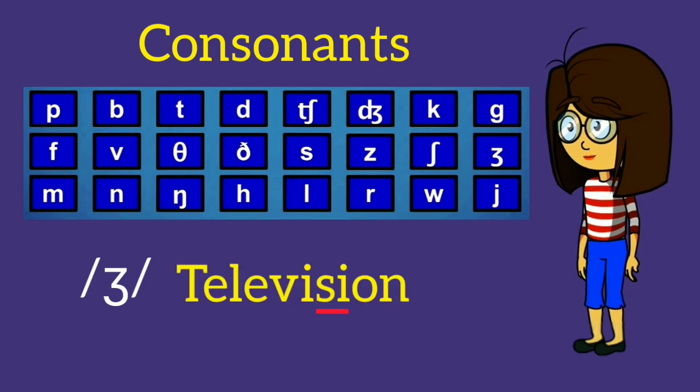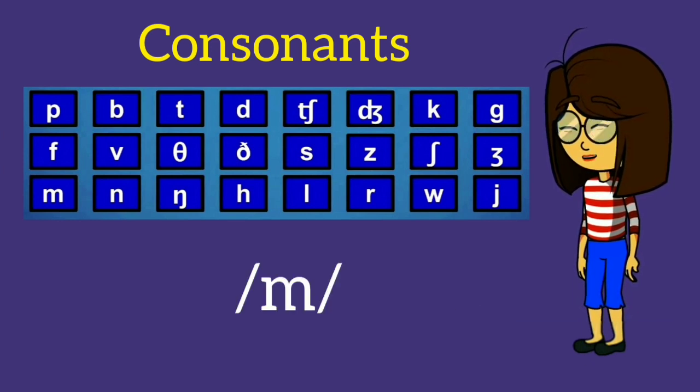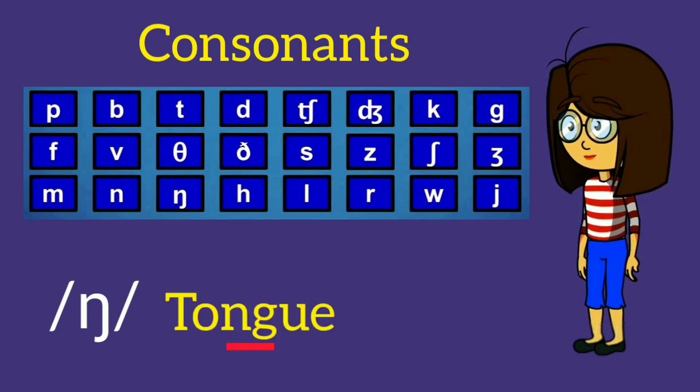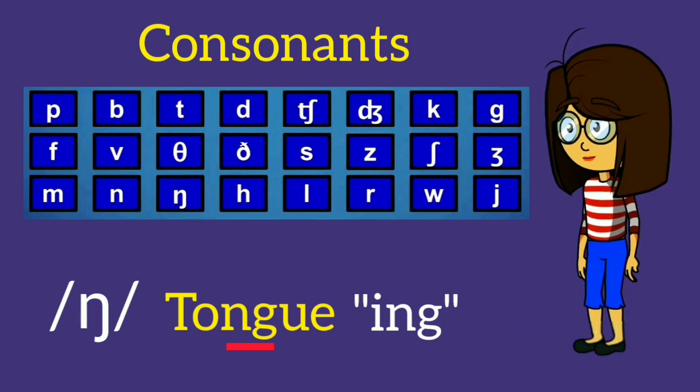This phoneme sound is similar to the Tamil letter sha. Next, n. Next is ing, as in the word tongue. It sounds like the ing sound, which is similar to the Tamil letter ing.